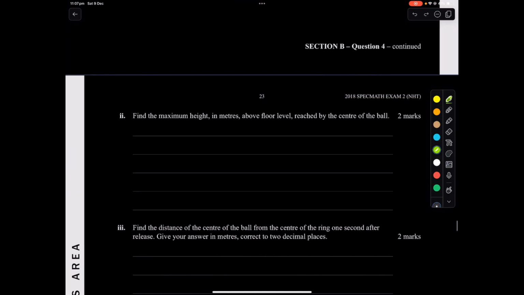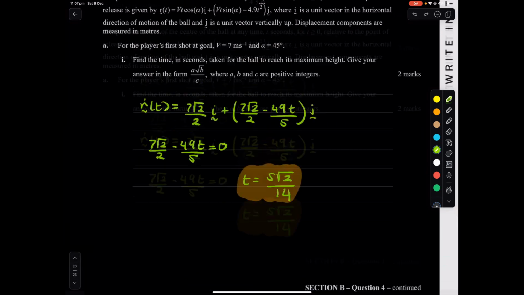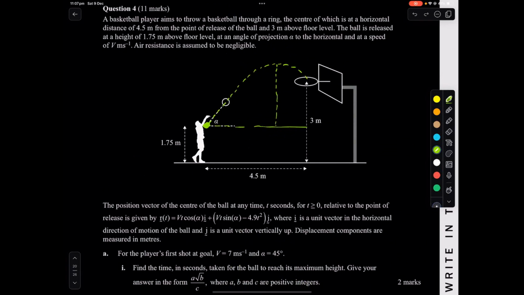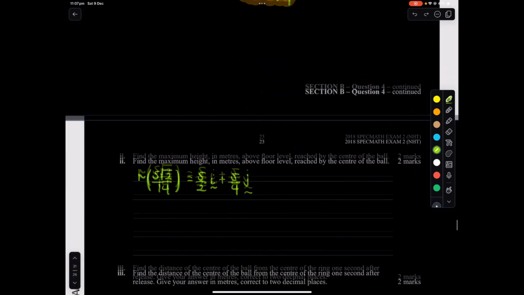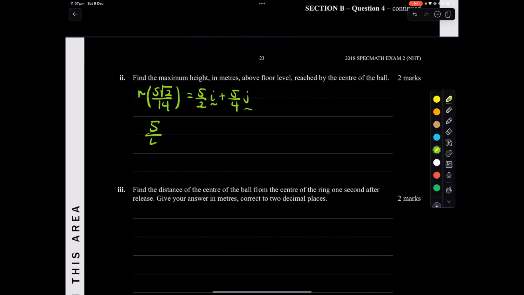So what we just did here, we found the position at 5 root 2 over 14, and that gave us 5 over 2 i plus 5 over 4 j. Remember, this 5 over 2 is the horizontal distance, from here to here. But the j vector gives us the height from here to here. That's what we're going to add. Hence, 5 over 4 plus 1.75 gave us 3 meters. Done. Easy.